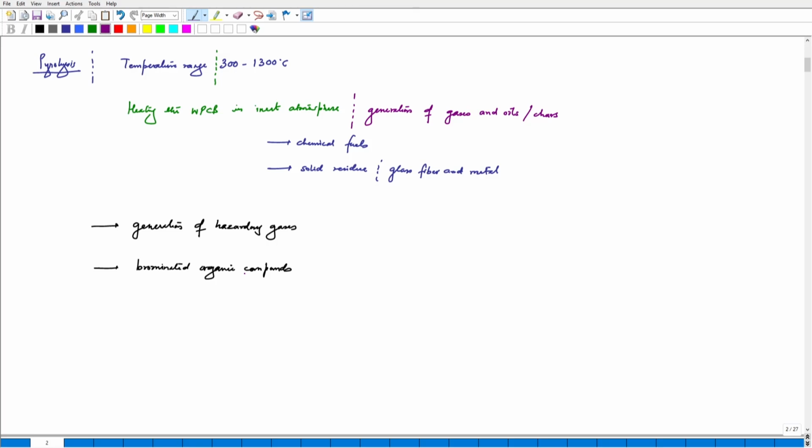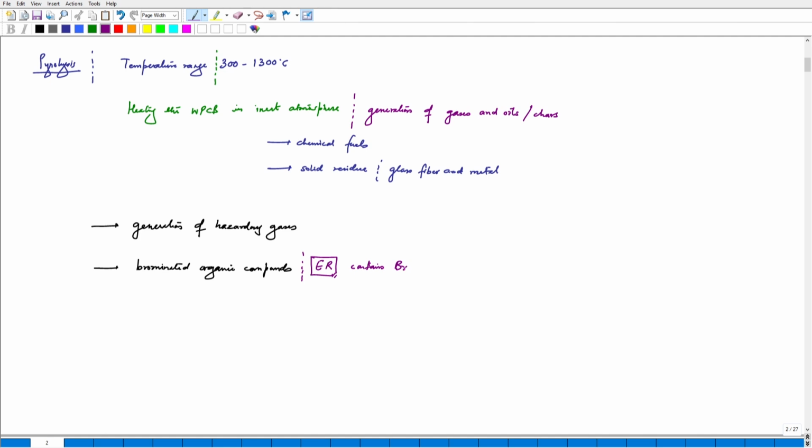Why does this happen? Because we have epoxy resins. This we had discussed previously as well. We have epoxy resins present in it, and these contain bromine.